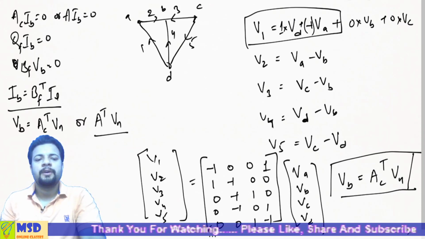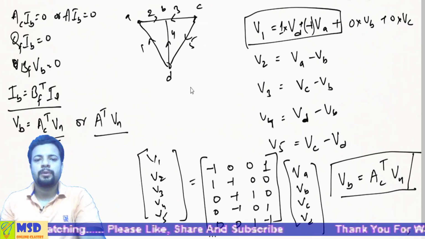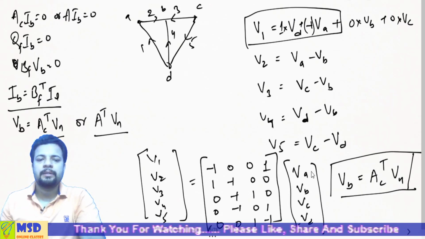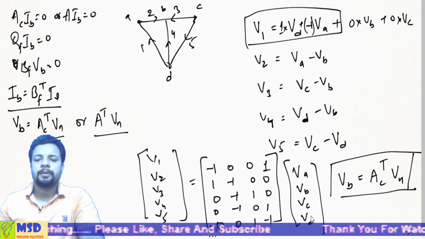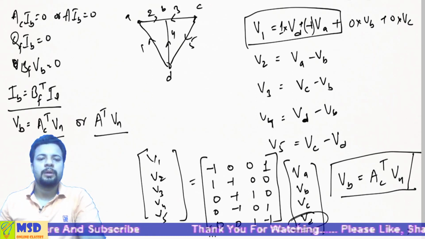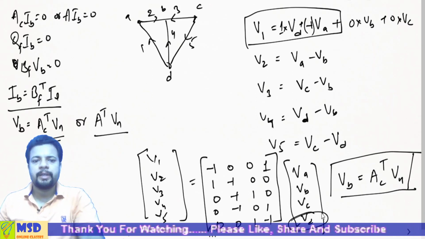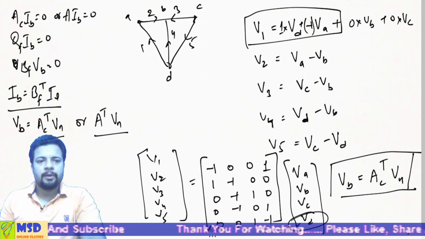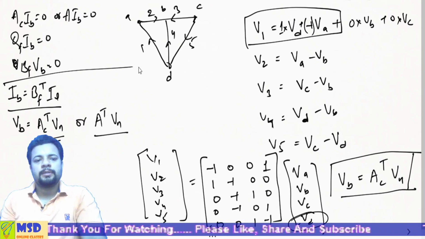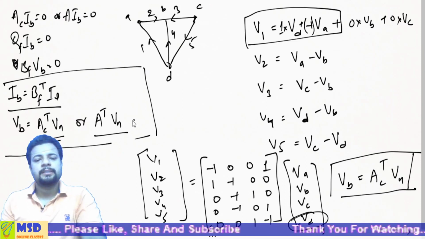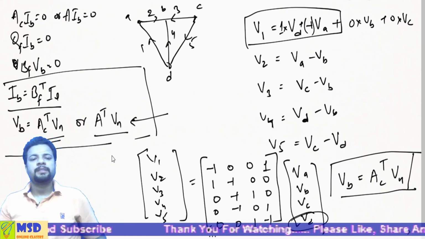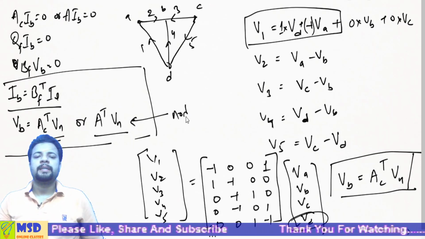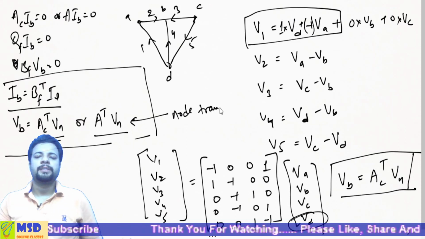If we have skipped one node's information, then we get a reduced incidence matrix, and in a similar way we can skip one node's information, treating it as a reference node. I hope it is clear to you. Sometimes in various books you will find this represented as the node transformation equation.